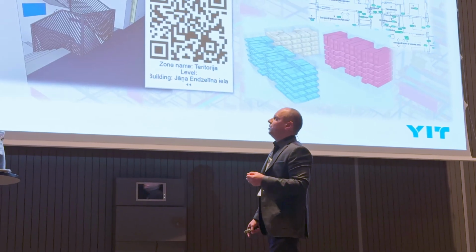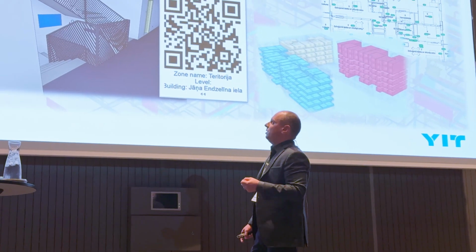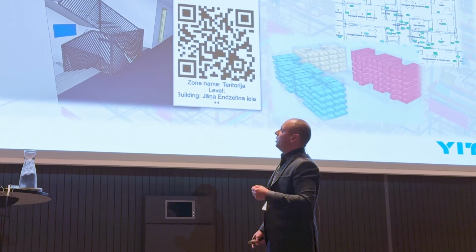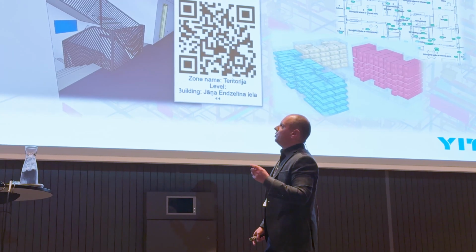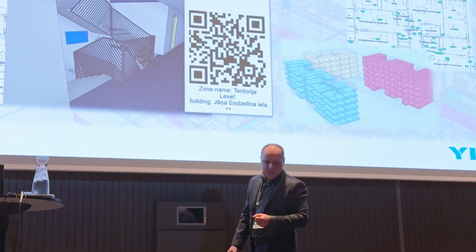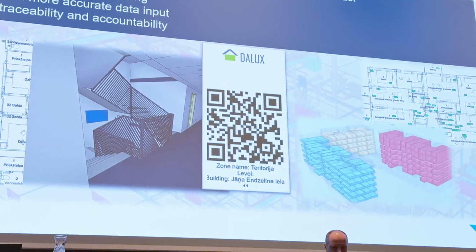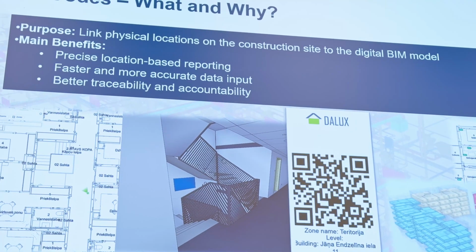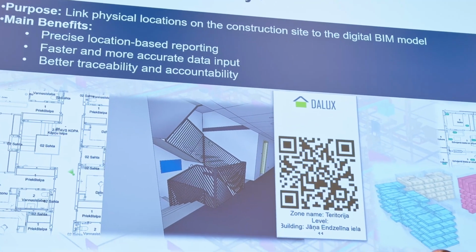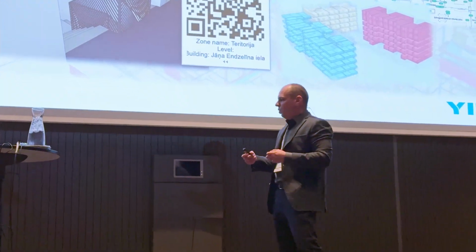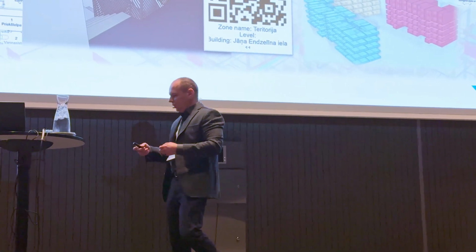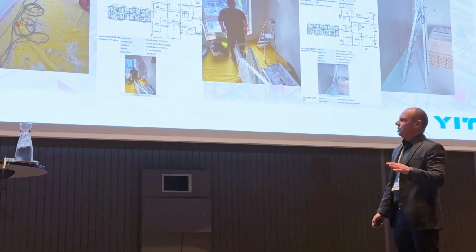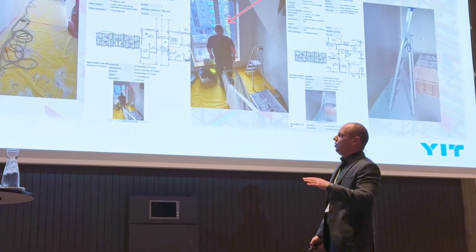The main benefits are that the precise location of reporting is marked down, with faster and more accurate data input, and better traceability and accountability of all the data which has been added and linked to this 3D BIM model according to construction needs.